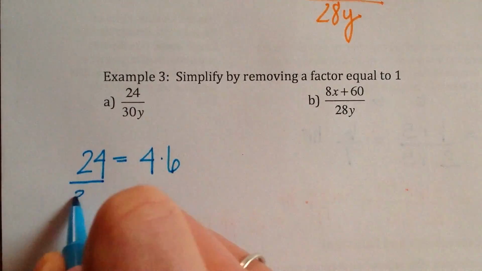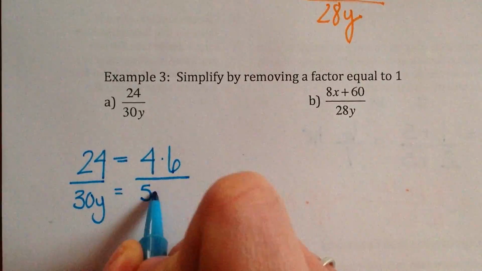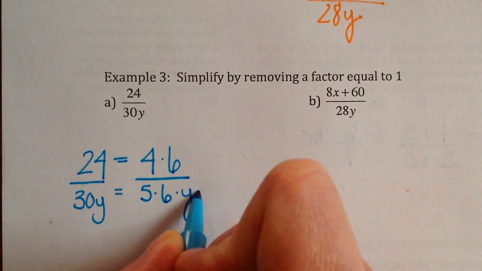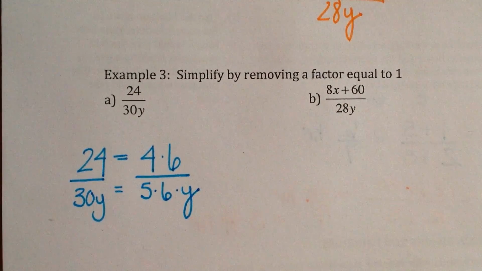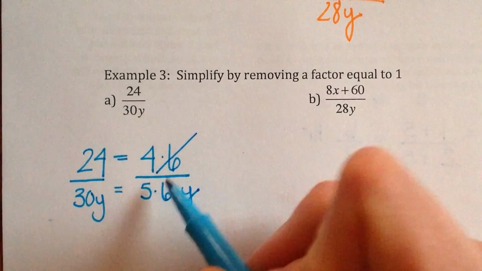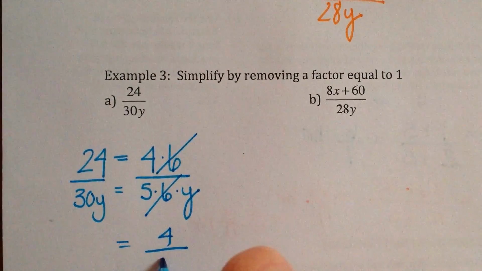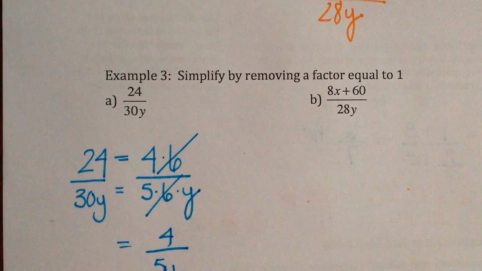I can rewrite 30y as 5 times 6 times y. And if it's the same on top as on the bottom, then they can cancel each other out. So 6 on top, 6 on bottom cancels out, so I'm left with a 4 on top and a 5y in the denominator.